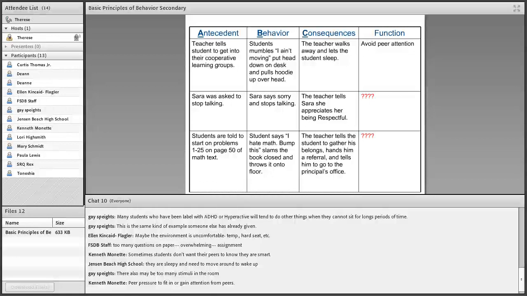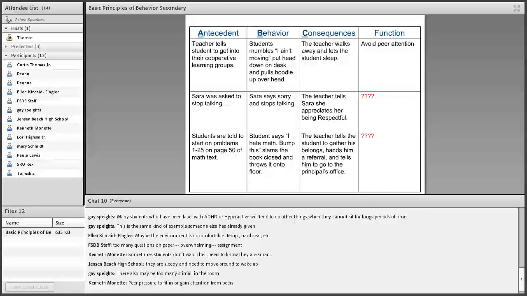So in the first example here, we've done this one for you. The antecedent is that the teacher tells the student to get into their cooperative learning groups. The behavior is the student mumbles, "I ain't moving," puts his head down on his desk, and pulls his hoodie up over his head. The consequence, or what happens immediately after that, is that the teacher walks away and lets the student sleep.